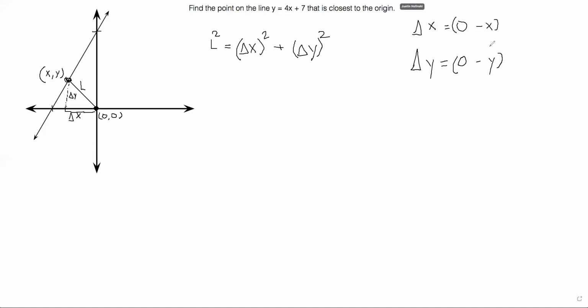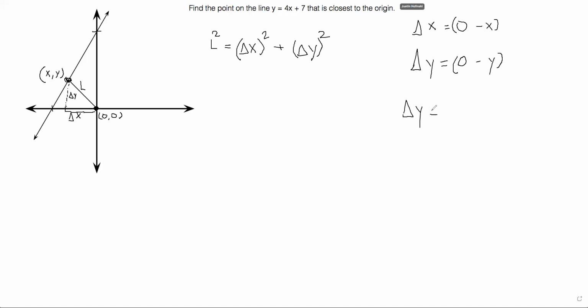But there's one more thing I have to do. I have to make one more modification to delta y, so that we can actually start using our optimization process to find the result that we're looking for. So what I want to do is, instead of a y, I'm going to replace this with 4x plus 7, because we know that's what y is equal to.